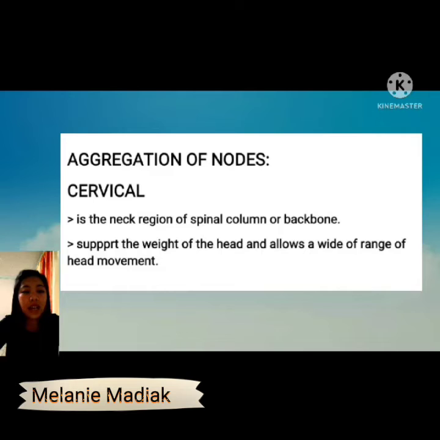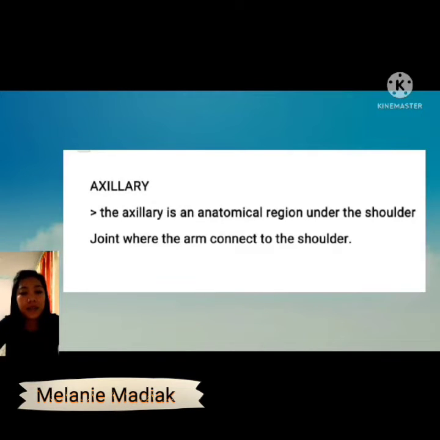First is cervical. Cervical is the neck region of the spinal column or backbone. It supports the weight of the head and allows a wide range of head movement. Axillary. The axillary is an anatomical region under the shoulder joint where the arm connects to the shoulder.